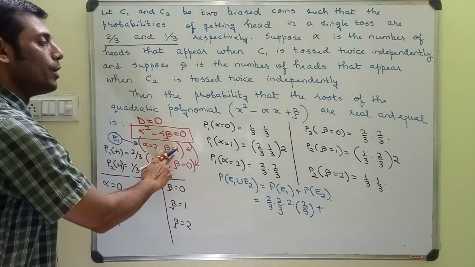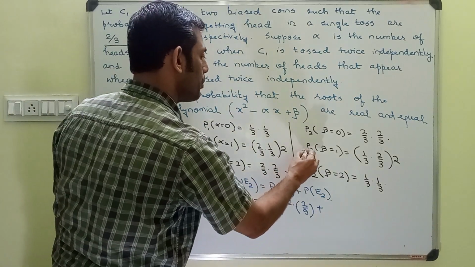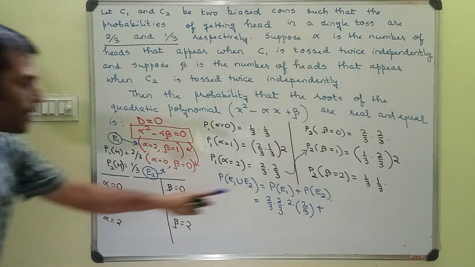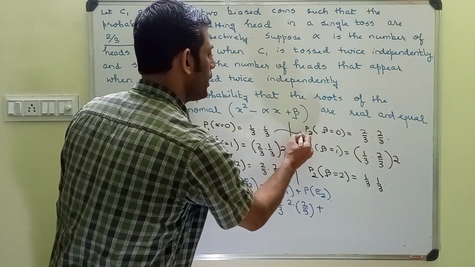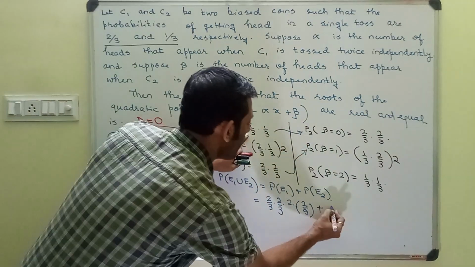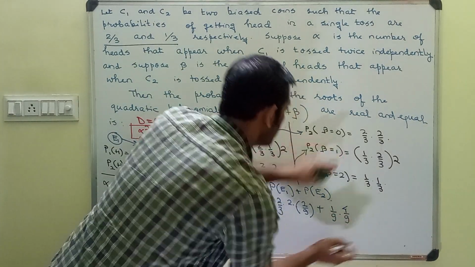That is for beta equal to 1 from here. That means alpha equal to 2 relates to beta equal to 1 in this calculation. And in the second event, both are 0. That means this one relates to this one. So we have a 1 by 9 from here and a 4 by 9 from here.